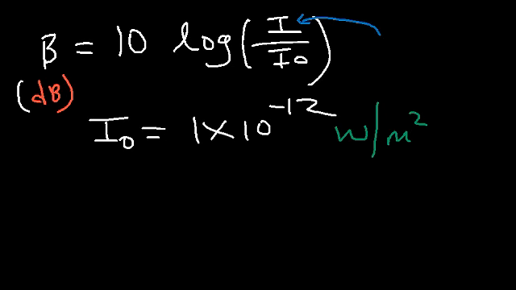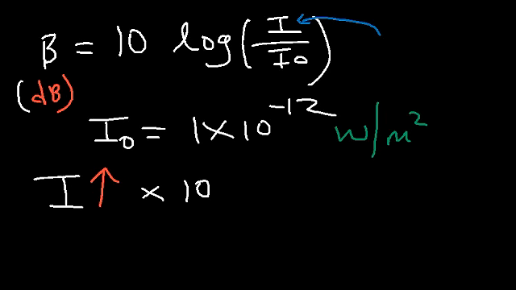The decibel system arose due to the fact that loudness and intensity are not exactly directly proportional in your linear way, so to speak. Let's say if you increase the intensity by a factor of 10.